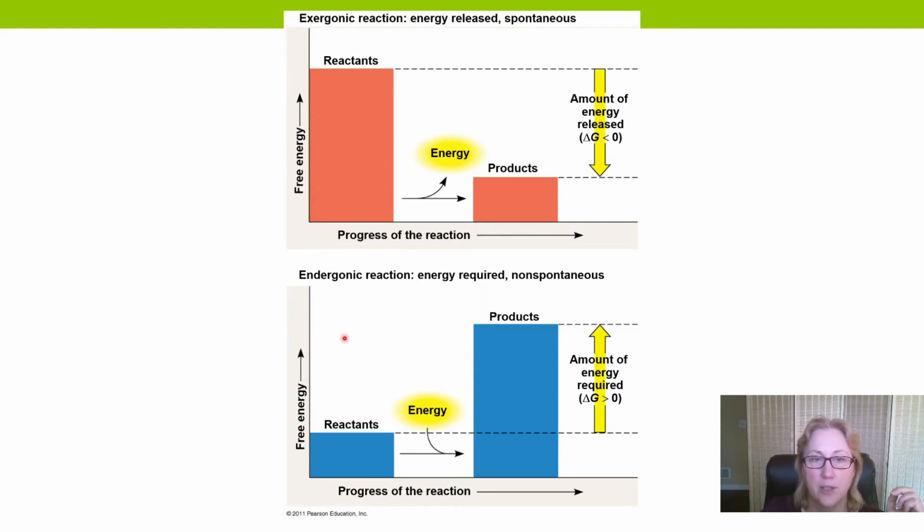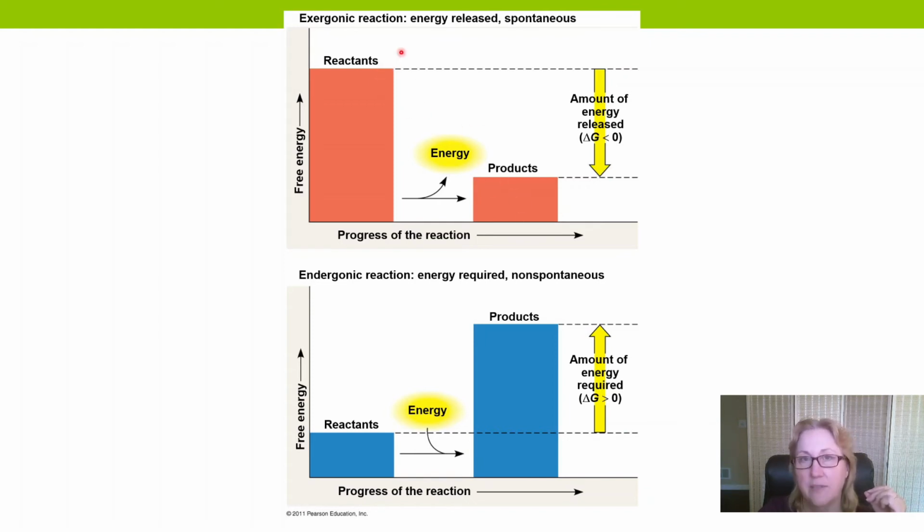So here are our two example reactions on a graph of free energy. On the y-axis on both of these graphs is our Gibbs free energy. The first bar is the reactants. That's what we started with. And at the end, those are the products. This is what we end with at the end of the reaction. So here's a downhill reaction.